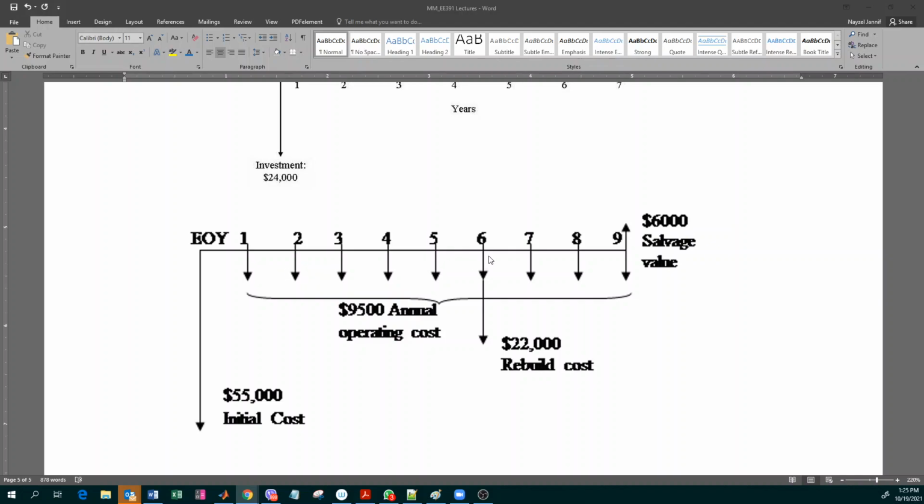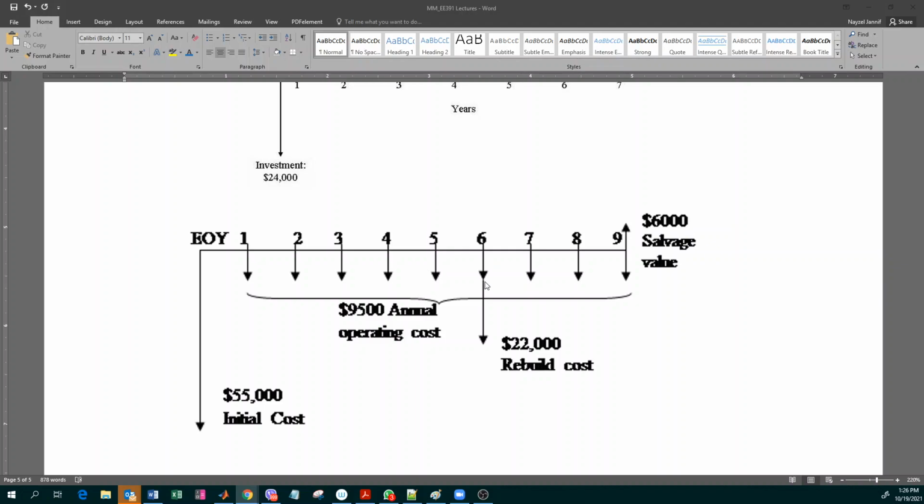After 6 years of use, what happened, guys? Your pump required some sort of major maintenance, a major rebuild cost.